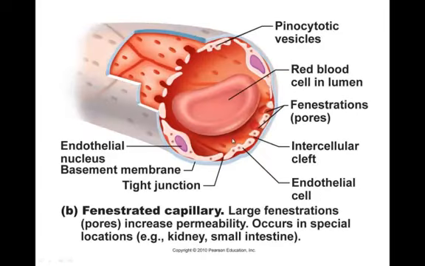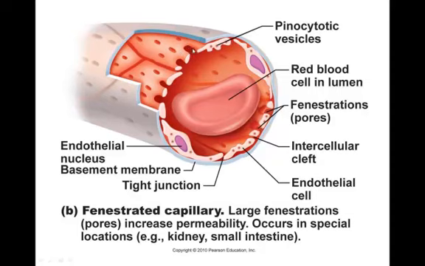Now here's our fenestrated. It looks just like the last picture, except in our cells themselves. Here's the cell. We find these little holes, but these really aren't holes. These are called fenestrations, and these fenestrations actually have little slits on them. Pretend like they had little membranes stretched across them, because they do. They're really not holes.